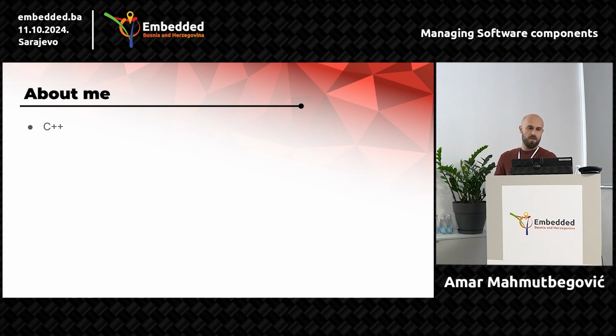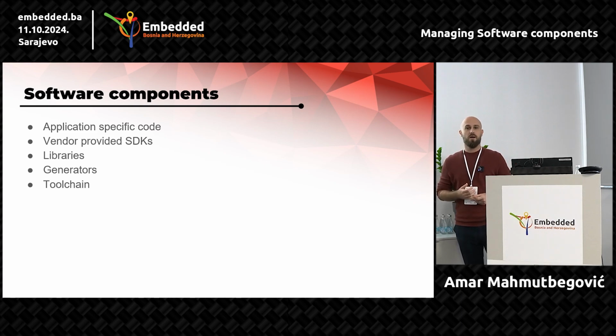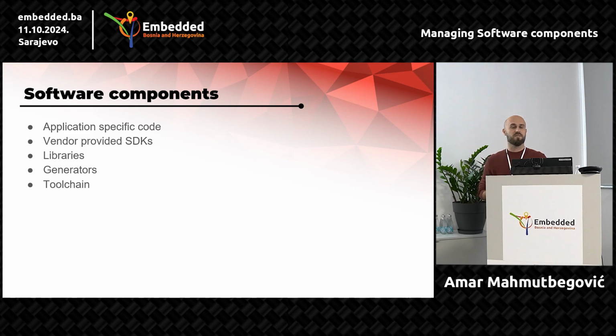So let's first briefly discuss what software components are. Application-specific code is a software component, but so are vendor-provided SDK libraries, and also things like code generators. Any Python script that generates C or C++ code for us is a software component.